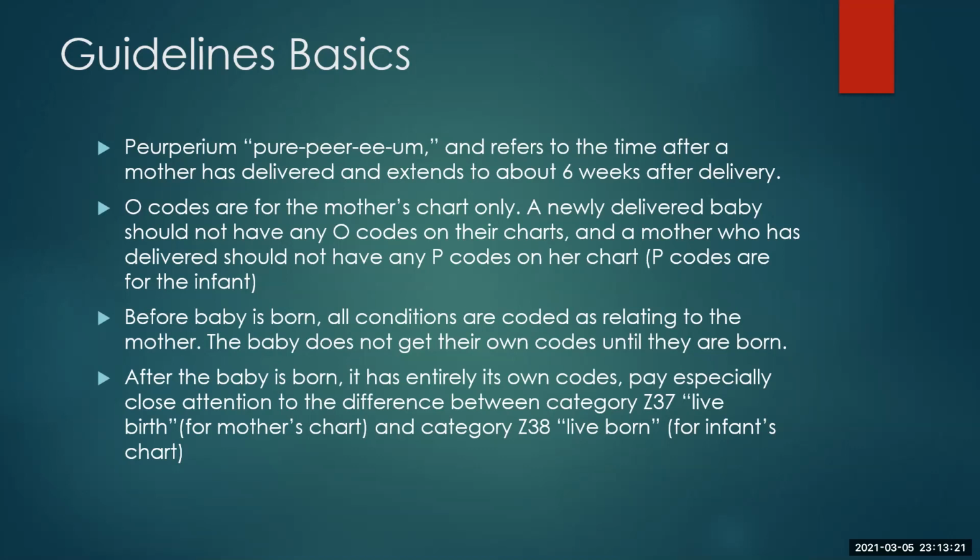Z38 is live born, so that references the infant was live born. Within both those categories it'll specify if it's a single, twin, triplet, etc. But you need to make sure you understand that Z38 never goes on the mother's chart, and Z37 never goes on the infant's chart, because they will try to trip you up.